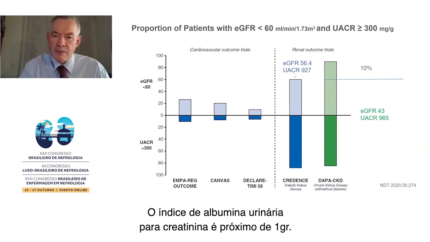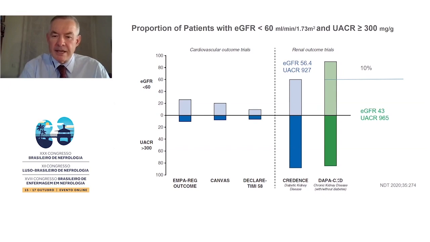So the urinary albumin to creatinine ratio is close to 1 gram. Similarly in DAPA-CKD, the patients have an eGFR of 43 and a UACR of about 1,000.